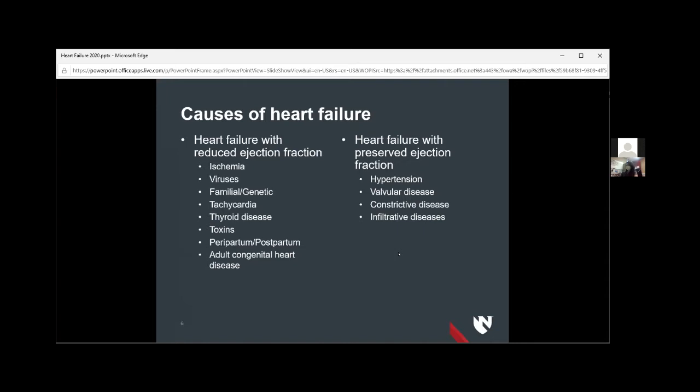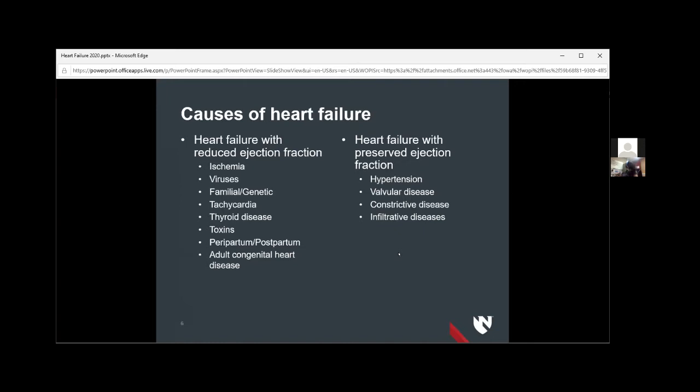Toxins in our patient population are pretty common for causing cardiomyopathies. Toxins are illegal drugs, alcohol, and even some of the medications that we give are considered cardiotoxic. Adriamycin is one of the most common, but there's also some other medications, rheumatoid arthritis, that can cause that.